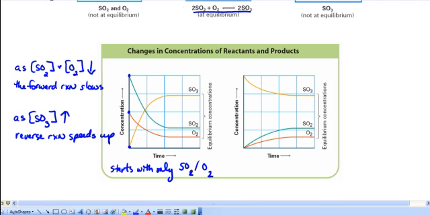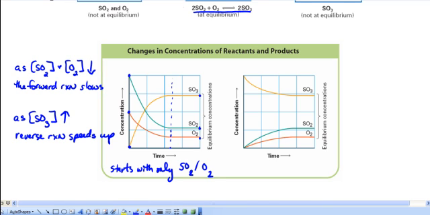So the forward reaction is slowing down, the reverse reaction is speeding up, and eventually it levels out right about there. There's absolutely no change in concentration of anything. Why? Because the forward reaction is going at the exact same rate as the reverse reaction. So just as many SO3s are forming as SO3s are going back to reactants.